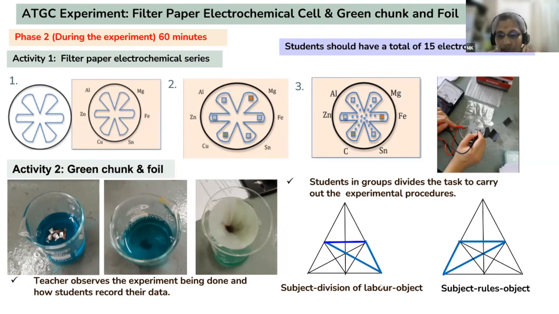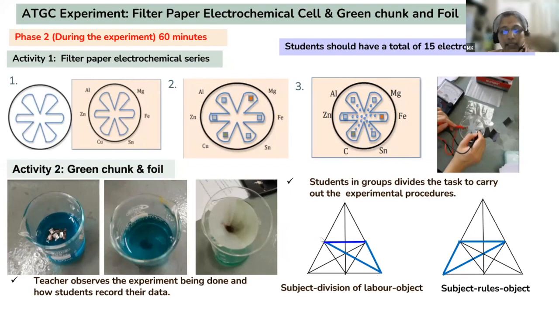So the activity is designed in such a way, considering these elements of activity theory. And simultaneously, not only subject, division of labor, and object, but also subject, rules, and object. So each level of activity has some kind of objective to be achieved. And in order to achieve the objective, there must be involvement of the students, and they must follow certain rules.